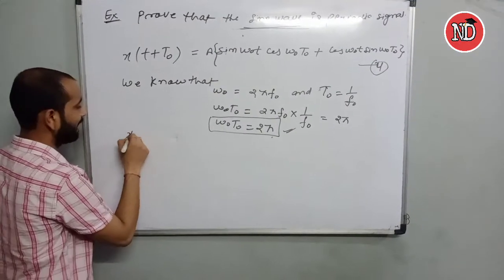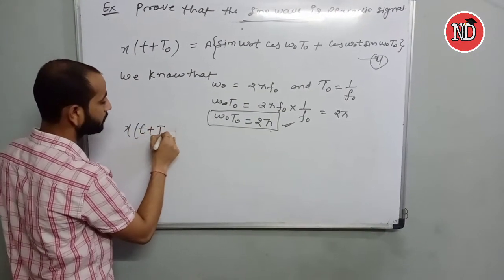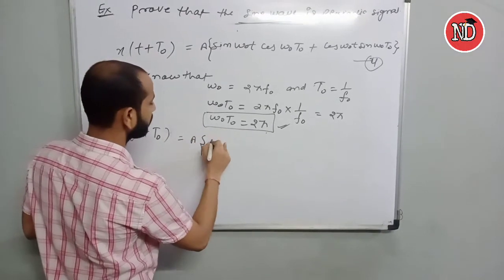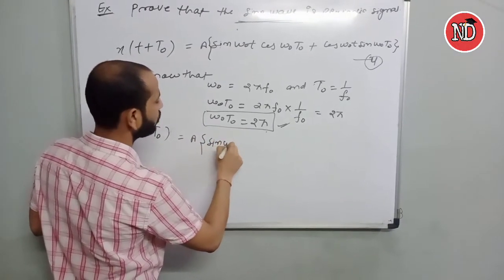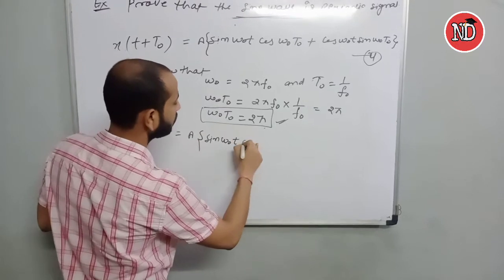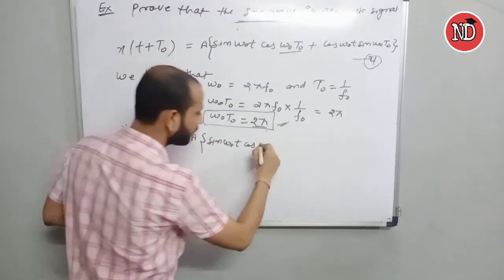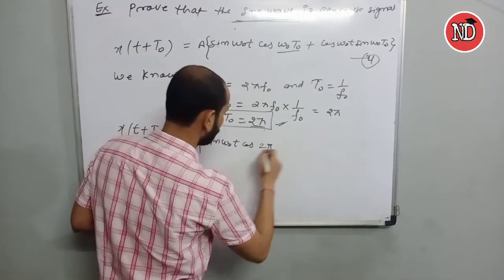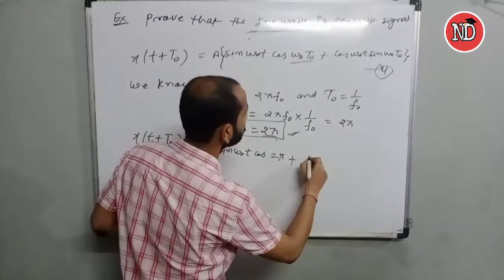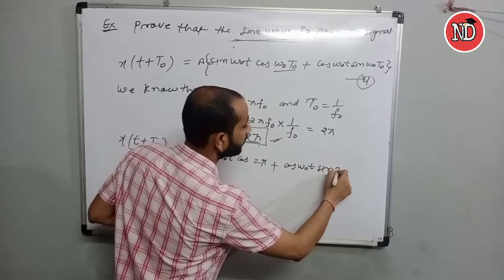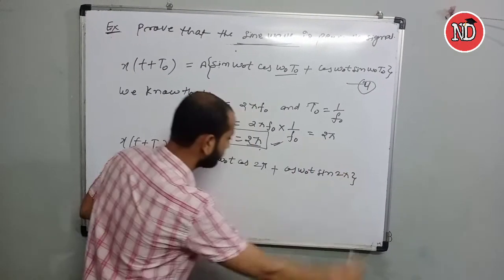We have x of t plus T0 is equals to A sin omega 0 t cos omega 0 T0 is replaced by 2 pi, it is 2 pi cos 2 pi plus cos omega 0 t sin 2 pi.